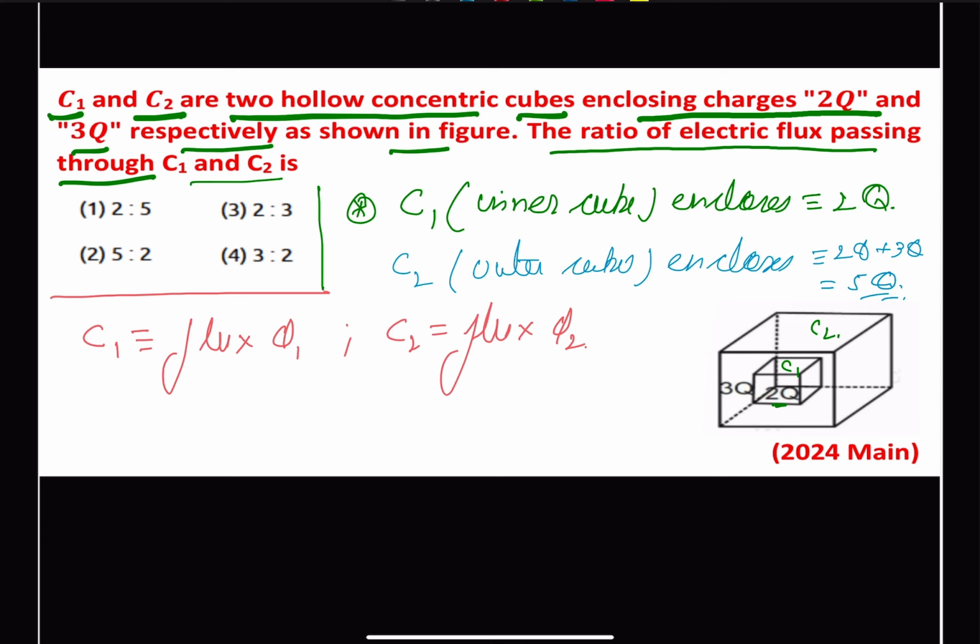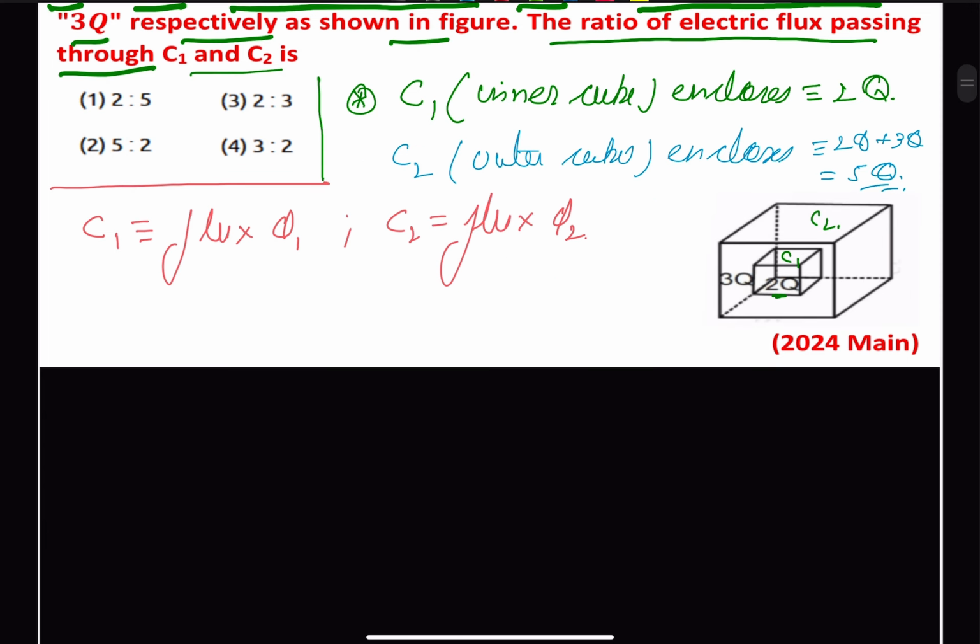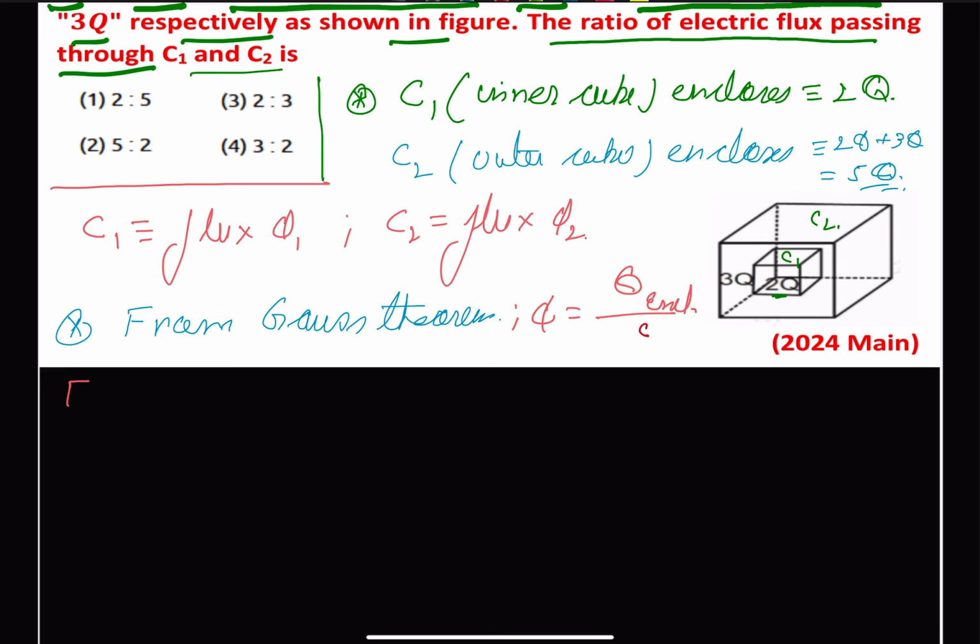And from Gauss theorem, we can say for C1, you know that flux is equal to charge enclosed divided by epsilon naught.